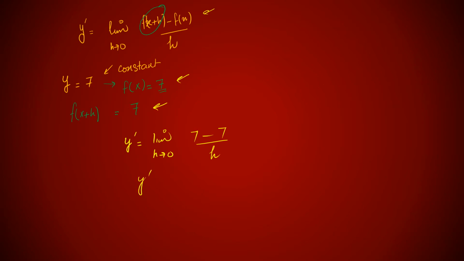So y prime equals the limit as h approaches 0 of 7 minus 7, which is 0, over h. Now 0 over h gives you 0. So the answer is 0.